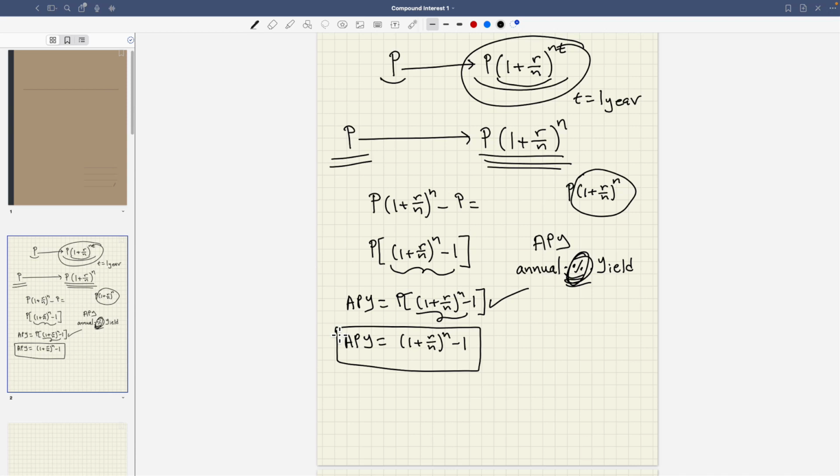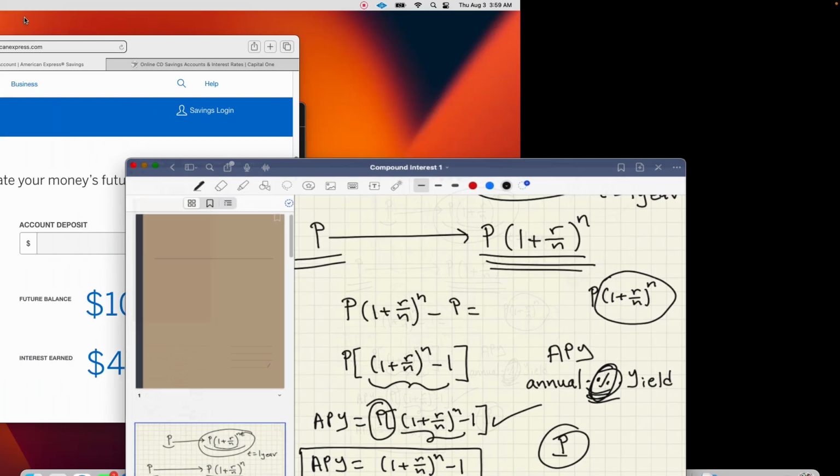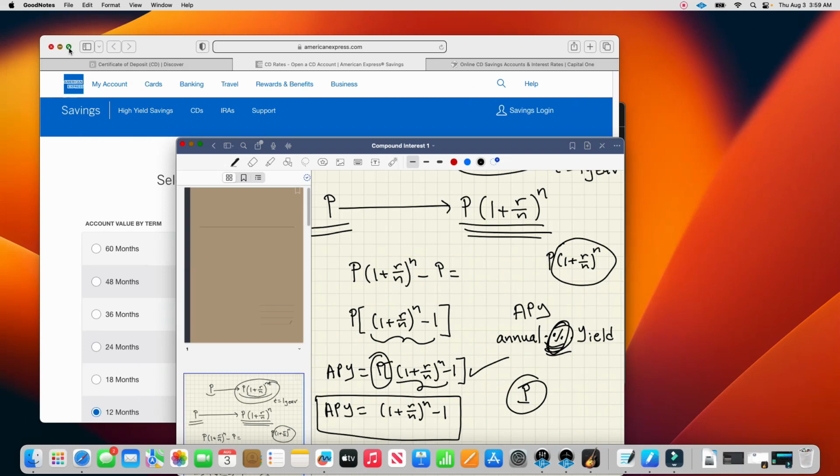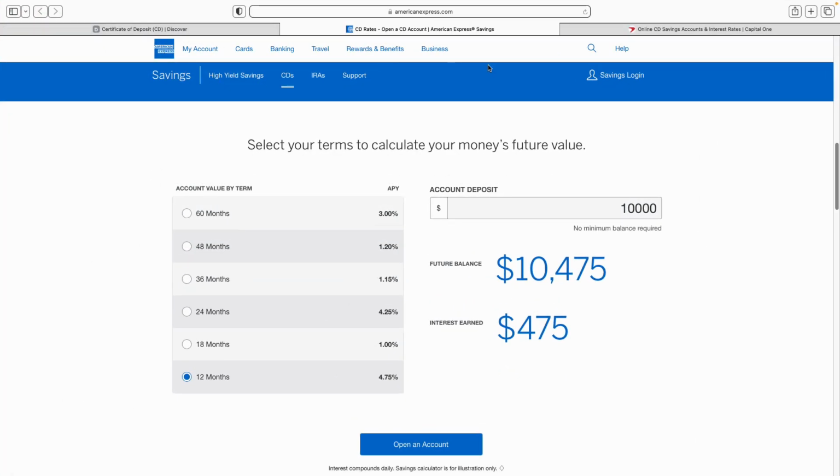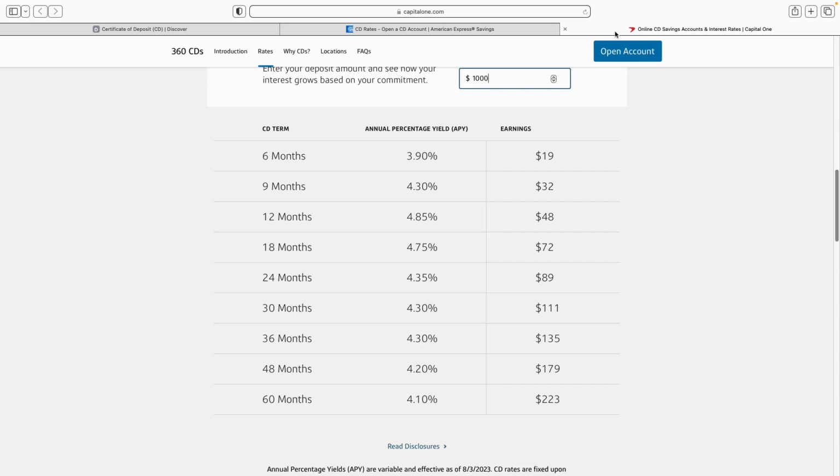We need to know interest of what. If I say you're going to get 5% interest, the first question that should come to your mind is 5% interest of what? There's an assumption in there, and the assumption is the investment amount, which would be P, and that's this P right here. But like I said, if we go back to the CDs, the rates, let's say Capital One, oh yeah, it is.